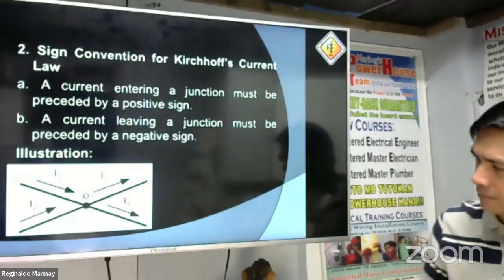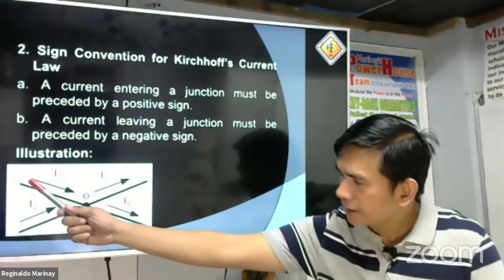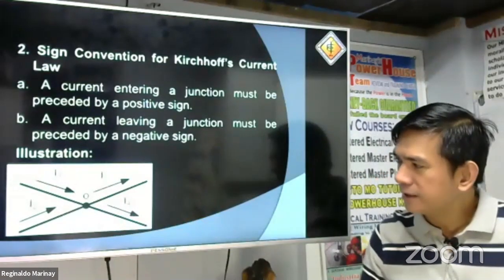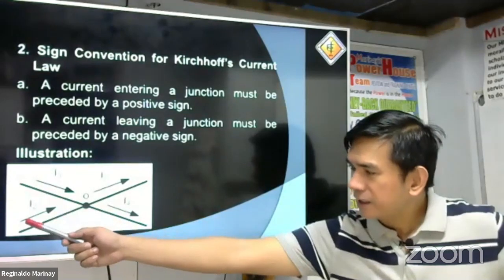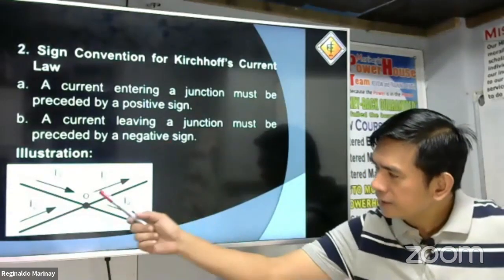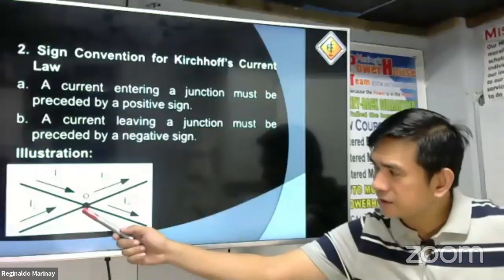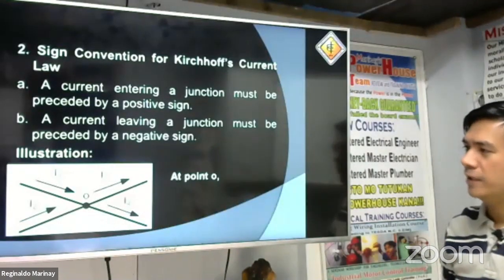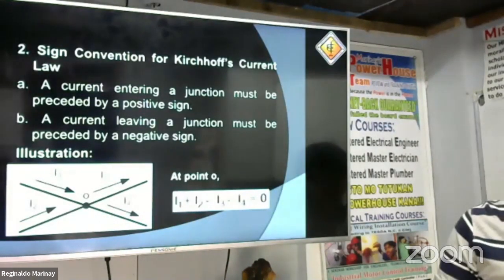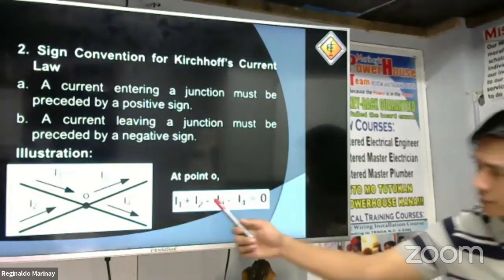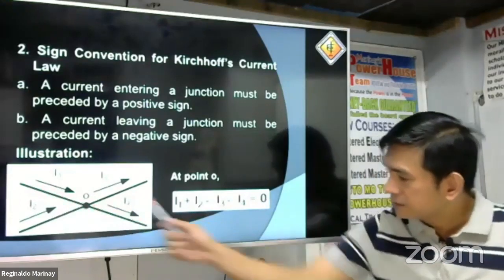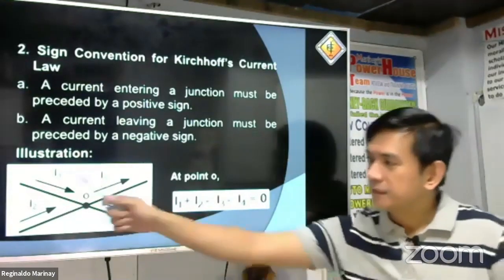So, for example, we have current I1, and then current I2, and current I3 and I4 is leaving the junction. So we'll be having this equation at point O. Current I1 is entering, that is positive.